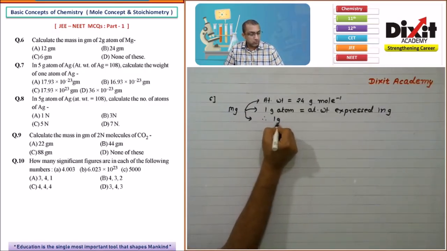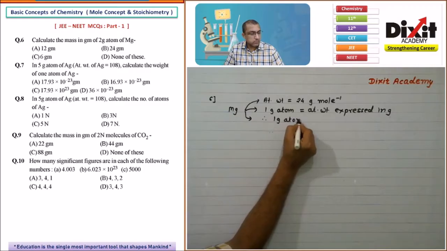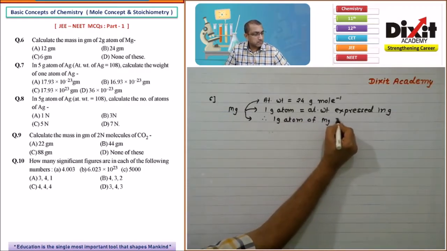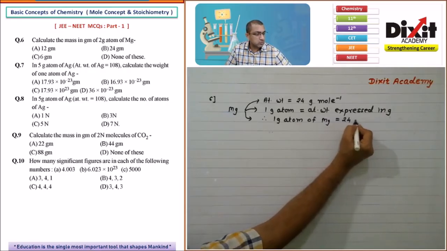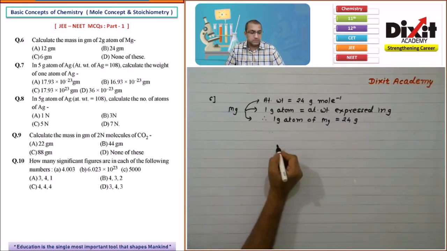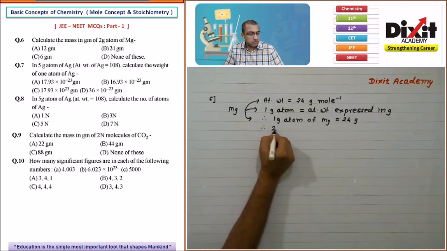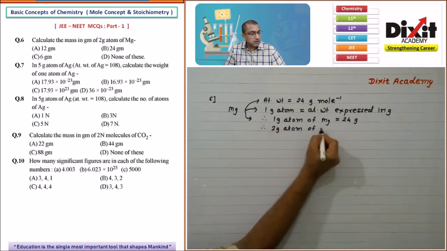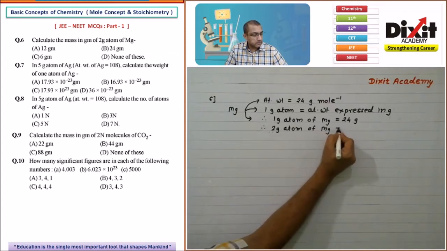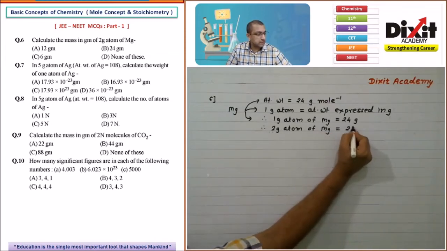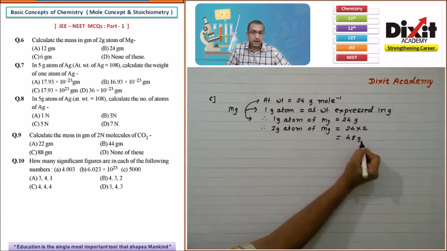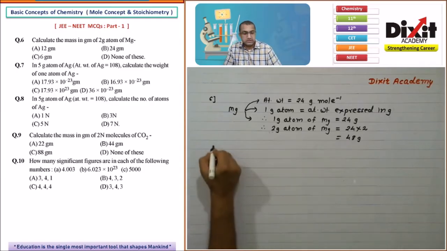Therefore, 1 gram atom of magnesium is equal to 24 grams. Therefore, 2 gram atom of magnesium is equal to simply 24 into 2, that is equal to 48 gram. Option is D.